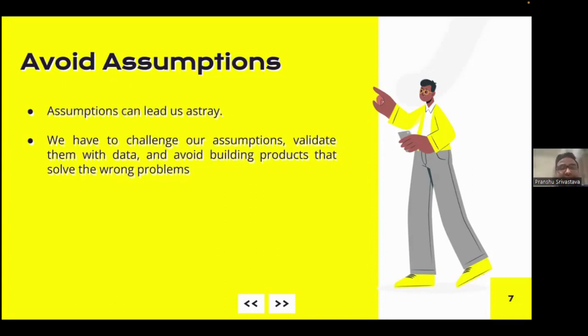So patience is the key for any startup, for any product manager. You have to wait, you have to hold your breath to let the product go into the hands of your customer and let the customer respond. Once you get the feedback and get the right data, then you take the decision. So I think these 4-5 things are very important.